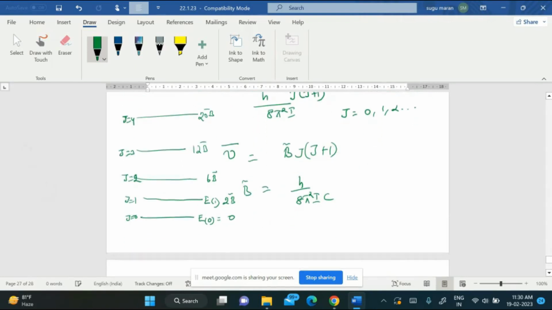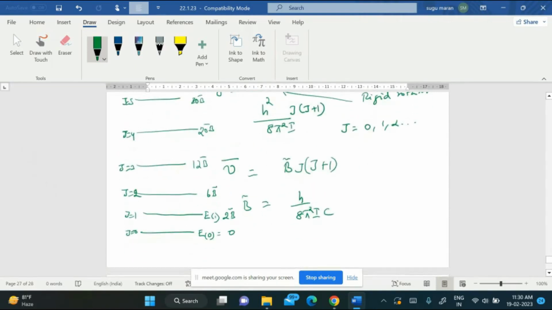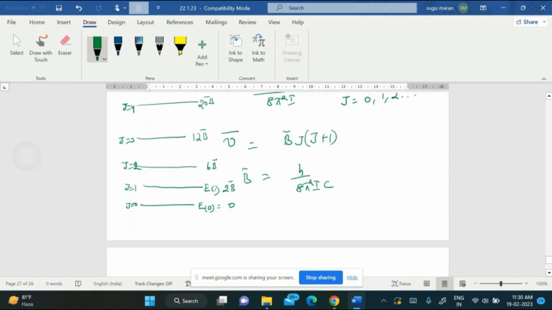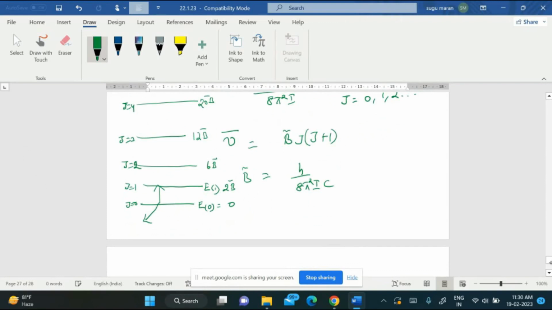Though the energy levels are not equally spaced, they are dissimilar, the corresponding transitions will give you lines. The first line will be 2B, and the next is 4B.